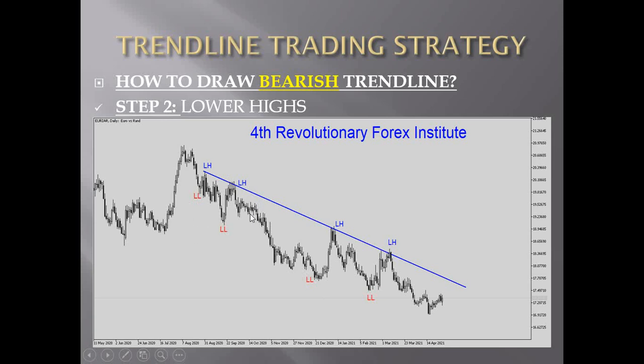The price went down and broke this support level, then turned back again, turned this support level into a resistance level, and then we executed a trade. Then the price went down again, came back again, and tested this resistance level, which is a trend line resistance or a bearish trend line.